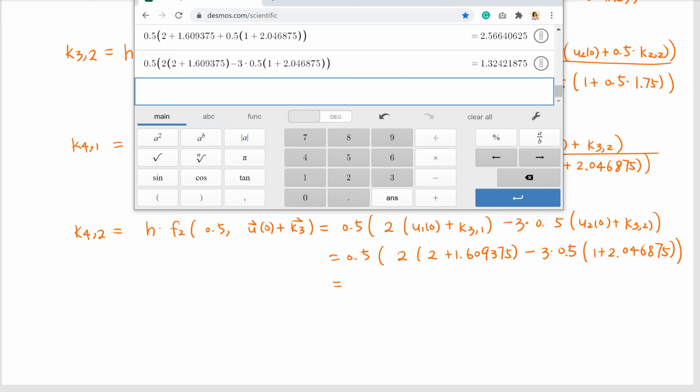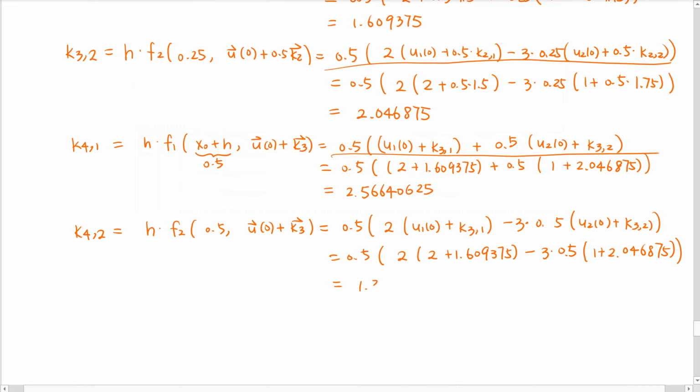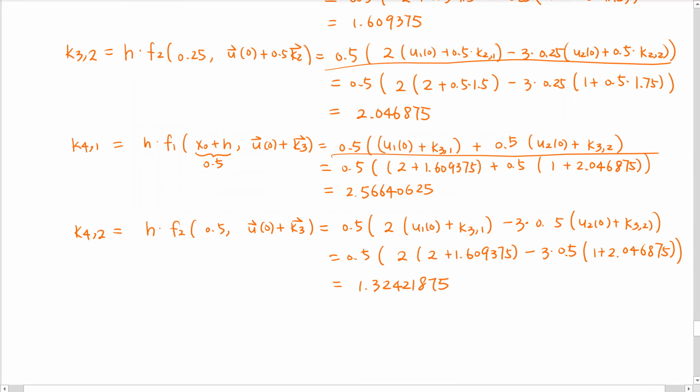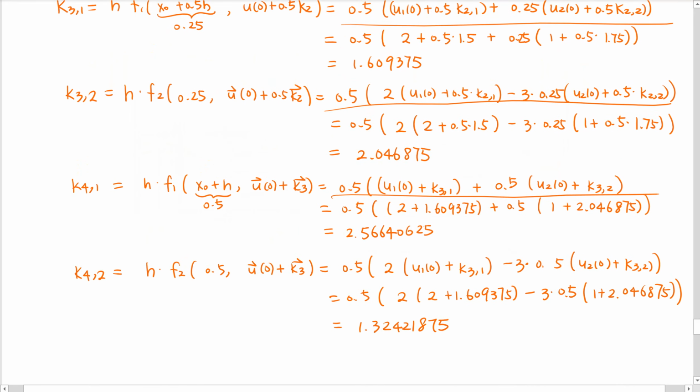1.32421875. Whew, so that's K1, K2, K3, K4. Last, what is that?